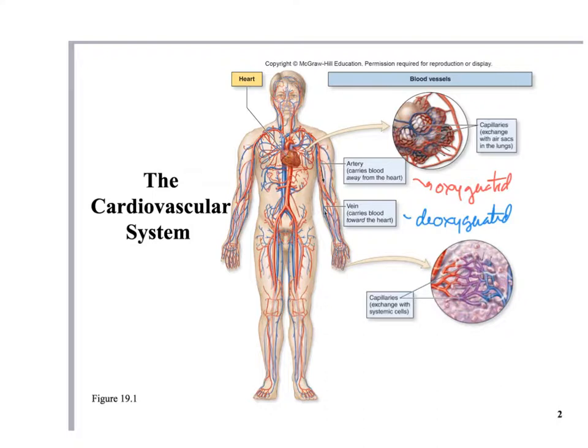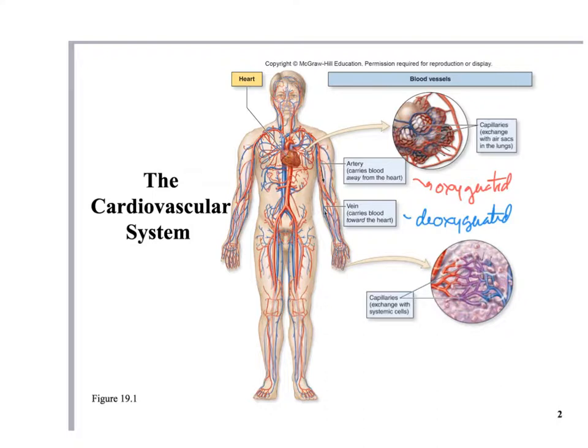That allows exchange between the blood and the body cells, and exchange between the blood and the air that is within the alveoli that you see right here. Okay, so this is alveoli within the lungs, and you see those capillaries. That's exchange with the air sacs of the lungs, right? Oxygen in, carbon dioxide out. Questions on the basics in terms of vessels?